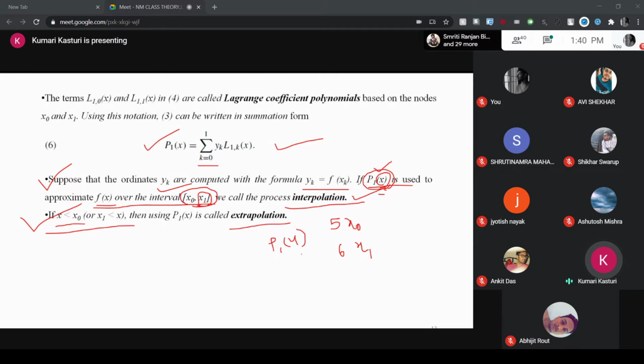P1 of 4 means 4 is the x value. Now x is less than 5, yes or no? So x is less than x0, so it is an extrapolation condition. Is that okay? A question may be asked to you to write down the difference between interpolation and extrapolation. Clear? Okay.